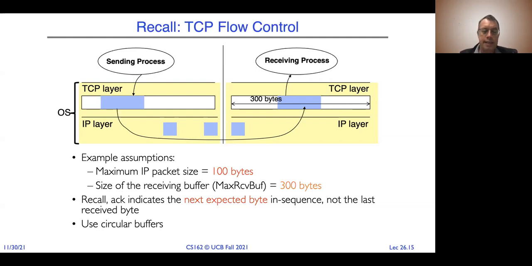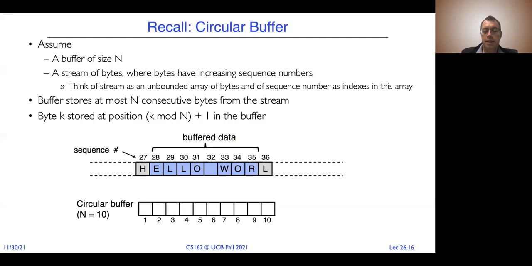Also recall that the acknowledgement indicates the next expected byte in sequence, not the last received byte. And like we discussed last time, we use circular buffers. A circular buffer basically goes around, and you keep the head and the tail of the buffer.